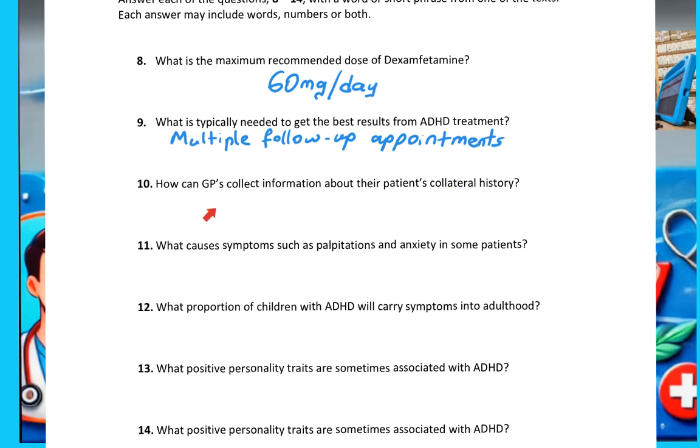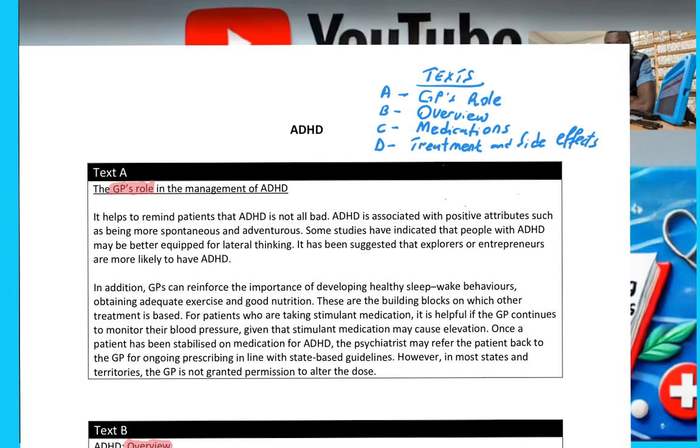Not to waste time, you can go to this plan, which I have here, the text and their meanings. So as we are looking for collateral information, we can compare them to the text over here, text A, B, C, D, where it is possible for us to visit. And we can see D is about treatment and side effects.